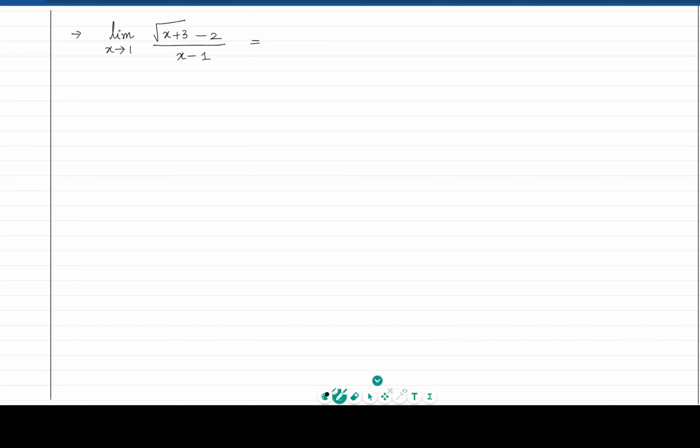So we will try to multiply the numerator and the denominator with the conjugate. So here the conjugate of the numerator will be square root of x plus 3 plus 2, and we will multiply the denominator as well, x minus 1 times square root of x plus 3 plus 2.